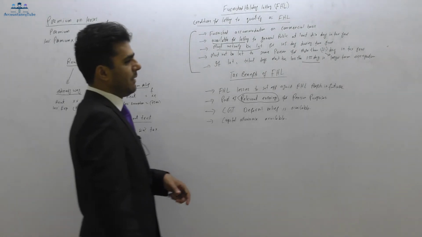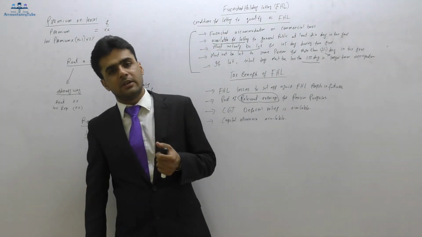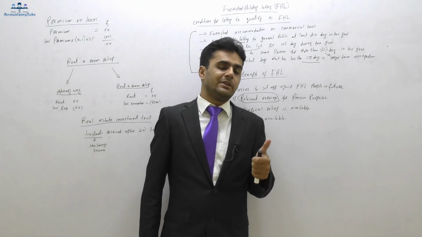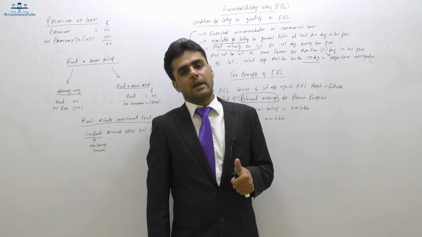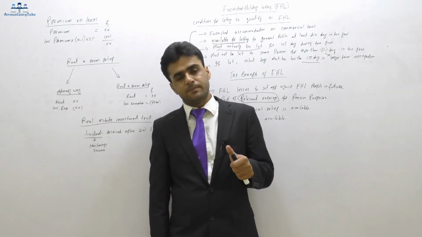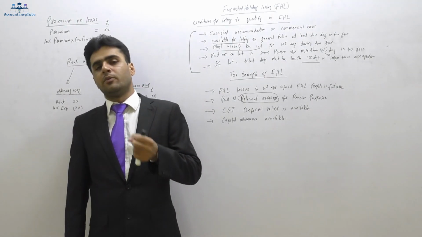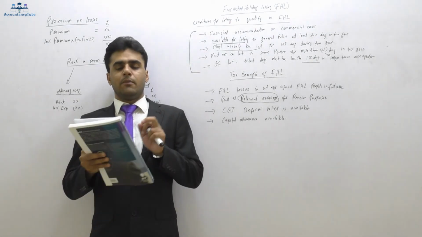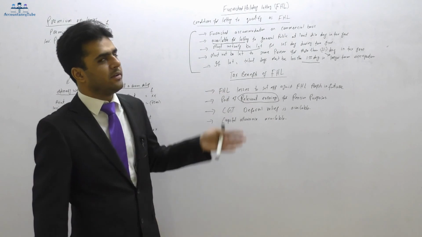Bale family has a property which they think is furnished holiday letting, but they are not sure. Please tell them what are the conditions for a property to qualify as furnished holiday letting, and tell them the tax benefits if all of the conditions are met. Both of them are given in the lecture notes, but the short summary is provided here as well.